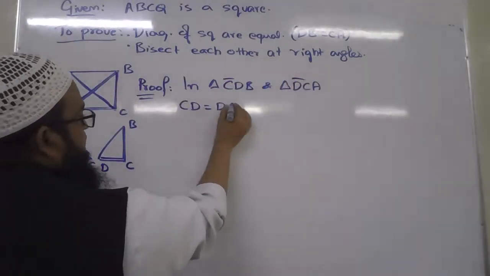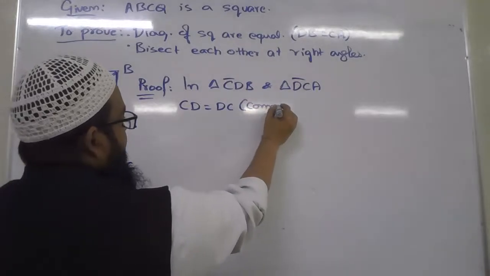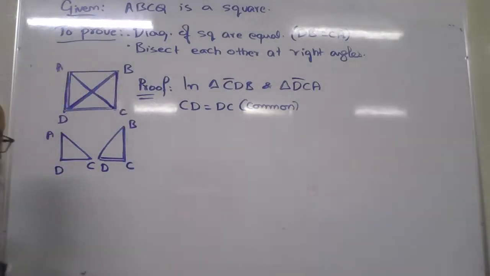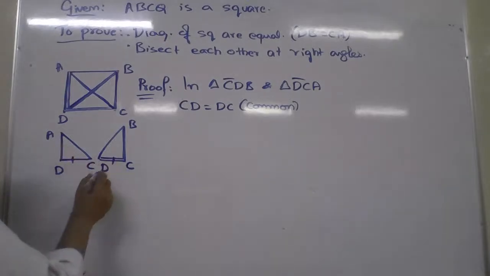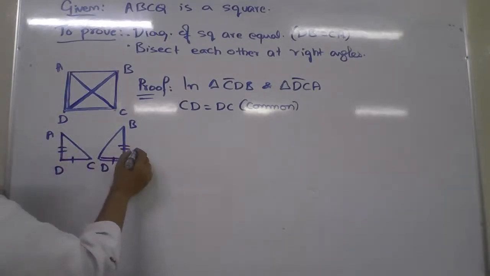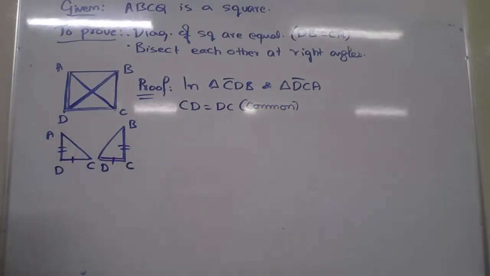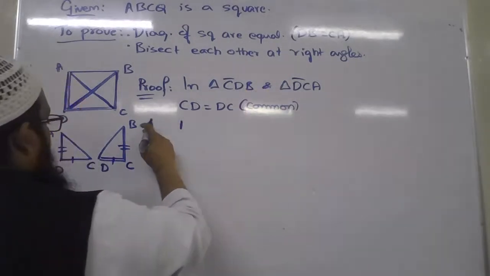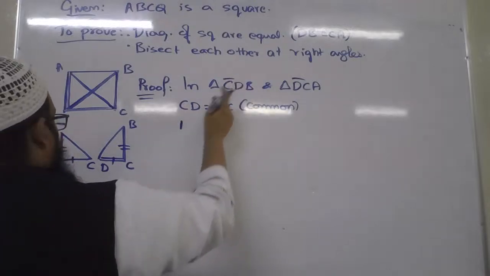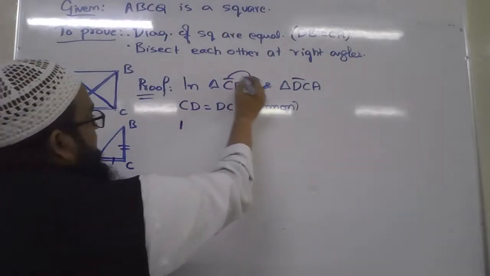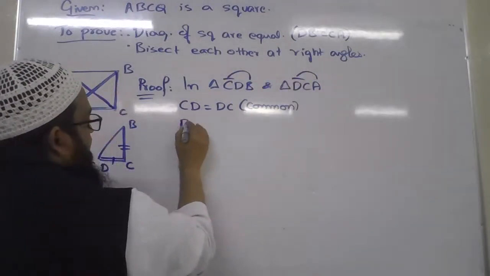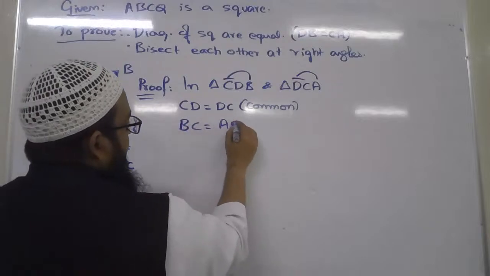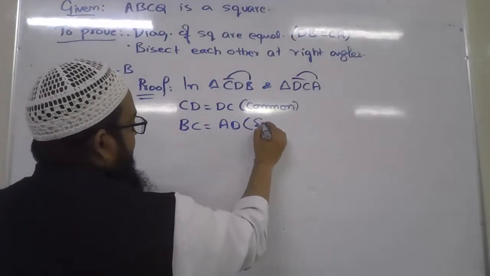CD is equal to DC, the common side. Now, what do you say about these two? BC is equal to AD. So, equal sides.